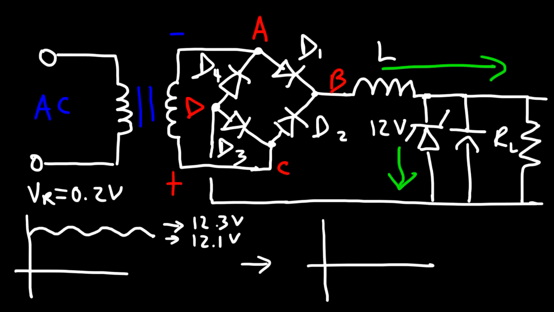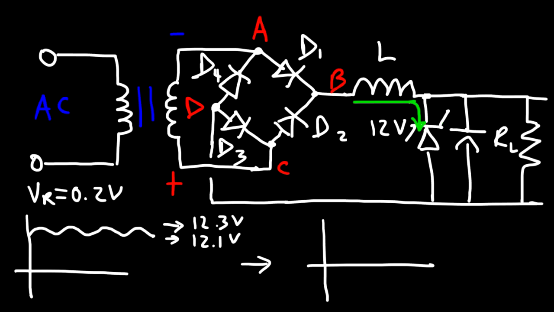And so what happens is, when the voltage is 12.3, a small amount of current will flow through the Zener diode. And as the current diverts in that direction, the voltage will drop from 12.3 to 12.2 to 12.1 and to 12.